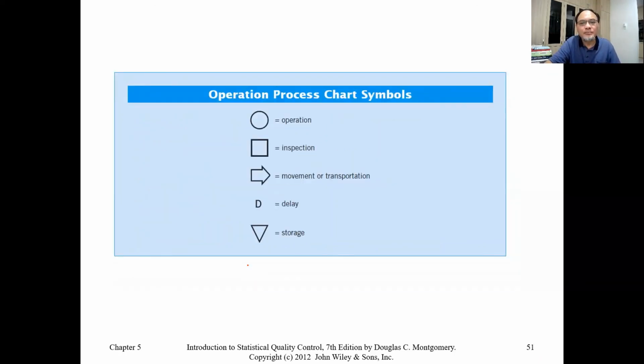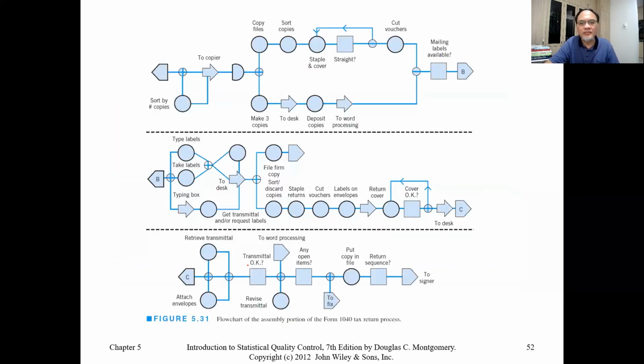And the typical process chart symbols are widely used in industrial engineering applications or in process improvement applications: operation, inspection, movement, delay, storage. Very important to flow chart the process. Here is a flow chart of an assembly portion of the Form 1040 tax return process.